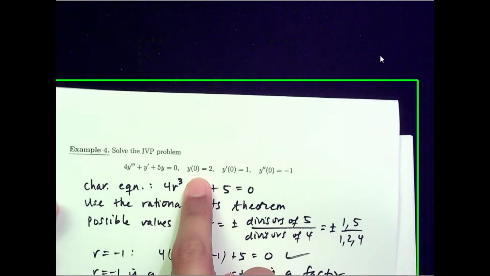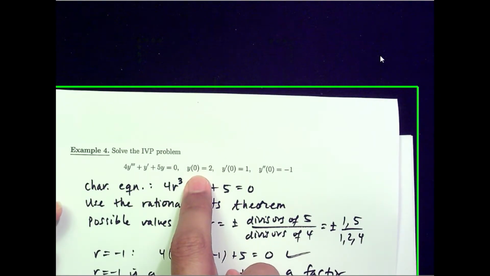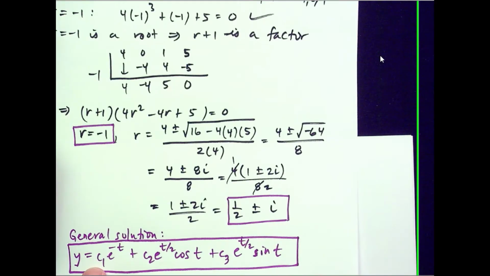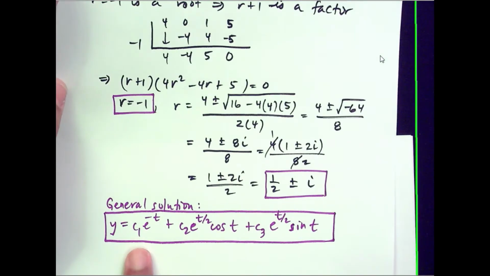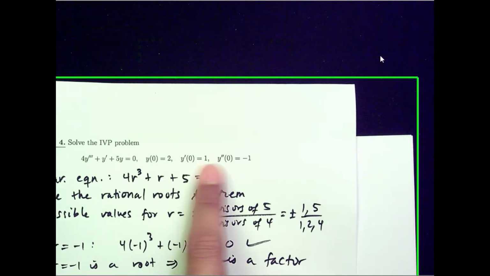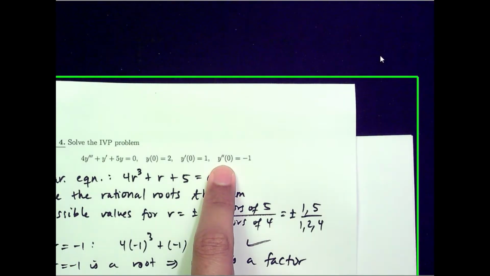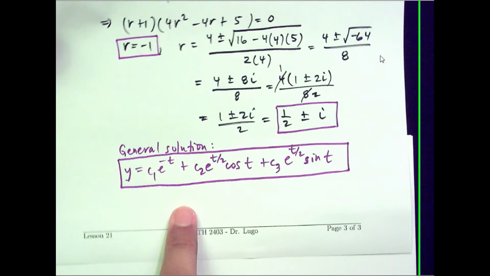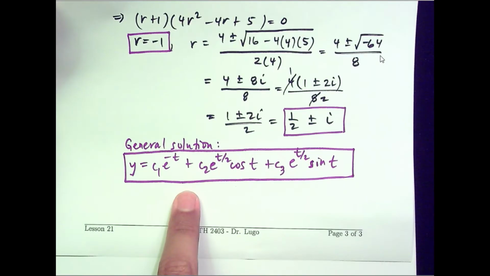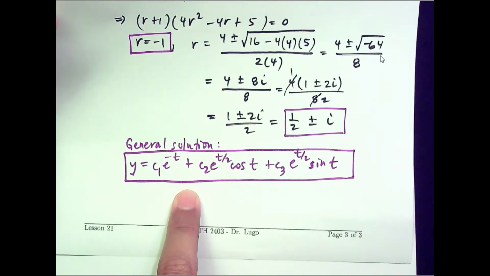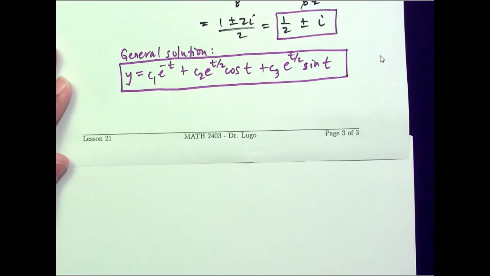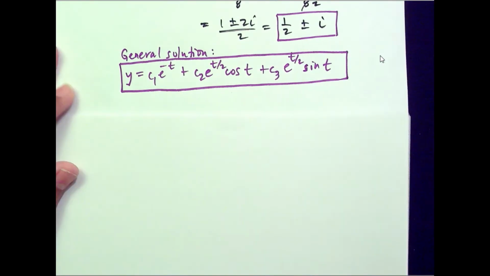We have this initial condition. That means we have to plug in 0 in y. But then we have to plug in 0 in the derivative. And then we have to plug in 0 in the second derivative. So that means of this mess right here, we have to find the derivative, and after we find the derivative, we have to find the derivative again. Okay, that is the annoying part. But let's do it.